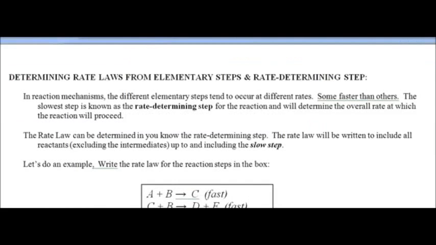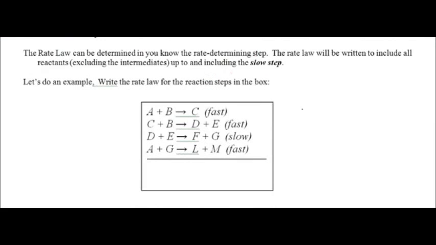Down here in this problem, we can actually determine the rate law from the rate determining step. And the way that we do that is you'll be given information, and if you're asked to do this, you'll be given information where you'll see things that say this step is fast, that one's fast, this one's slow, this one's fast. And we don't really care how fast is, just realize that it's faster than the slowest step.